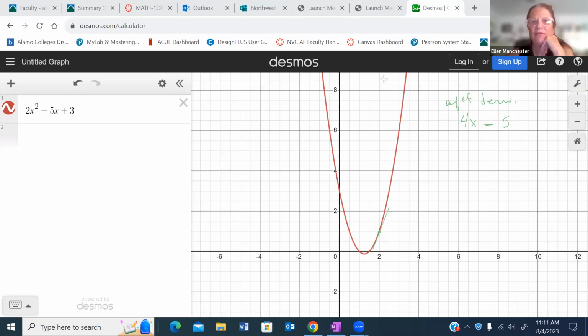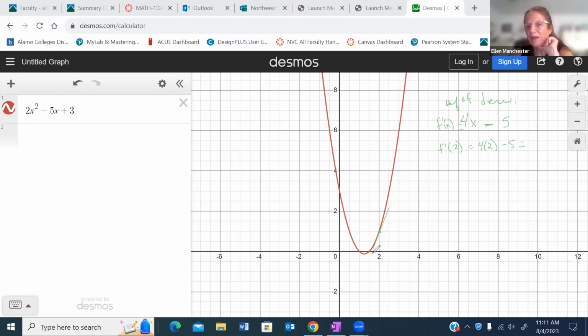All right, well, if I plug in 2, so the derivative at 2, so remember the tick mark, that means derivative. The derivative at 2 is 4 times 2 minus 5. Now, when you look at this green line, you know that it should be a positive slope.